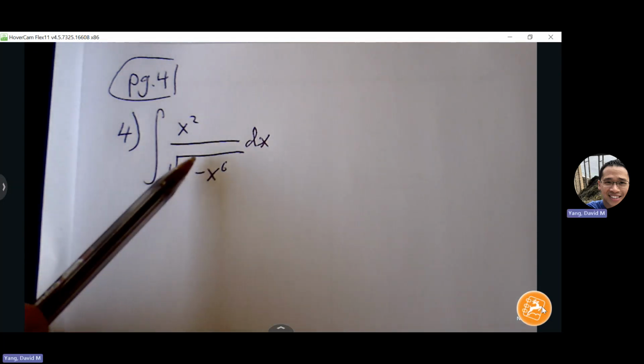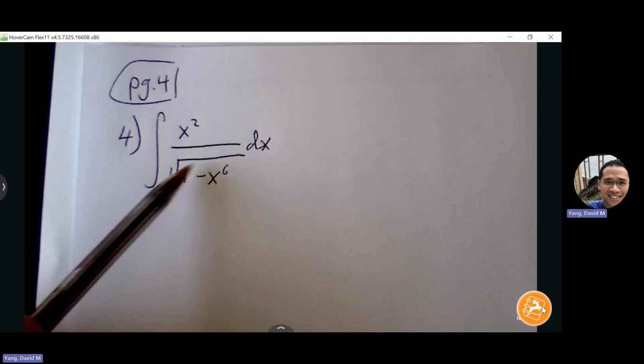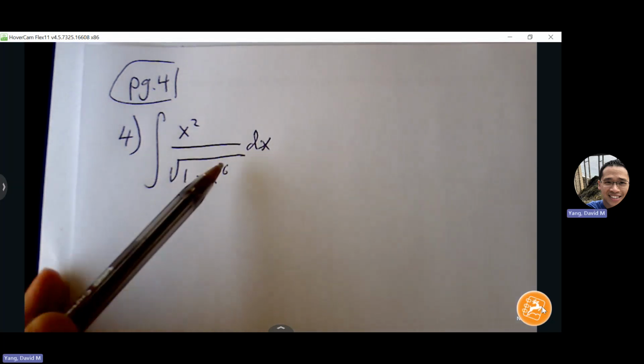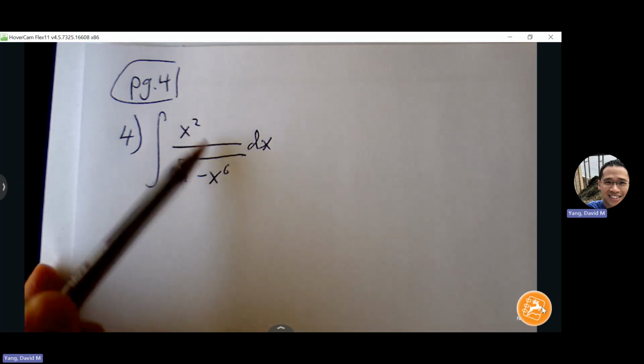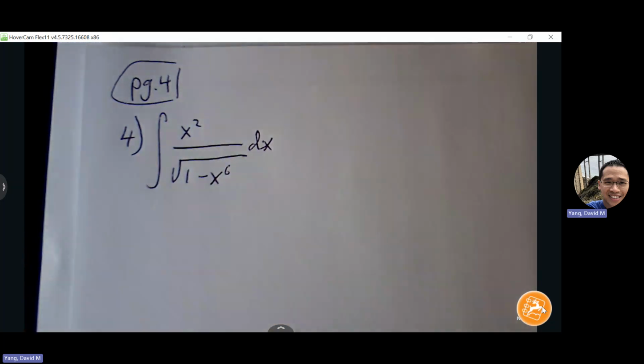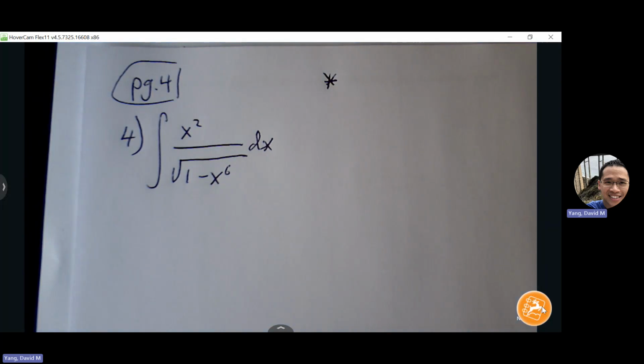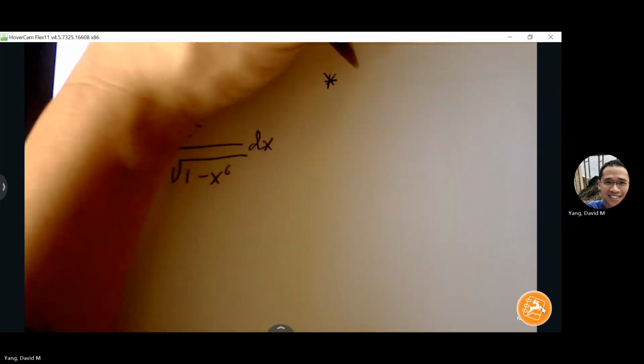Yeah, there's a big gap, right? If we forget about that radical and you look at that gap in degrees, degree 6, degree 2, that's a big gap. The only way to handle that gap is using arc trig. So which arc trig rule can we use that will best fit that form? Yeah, arc sine, right?